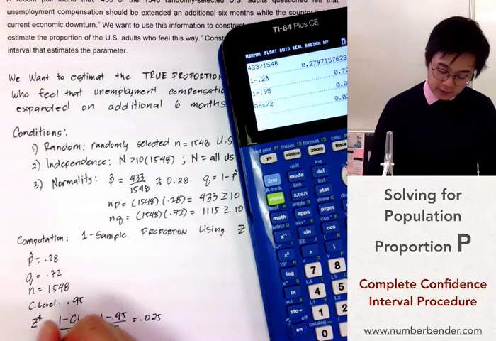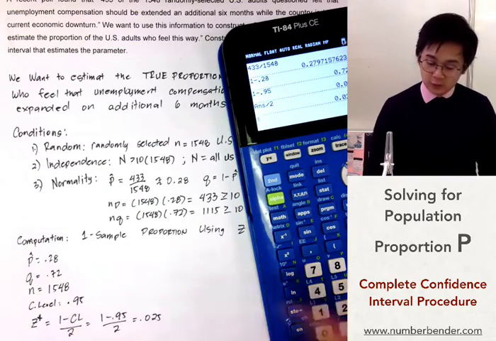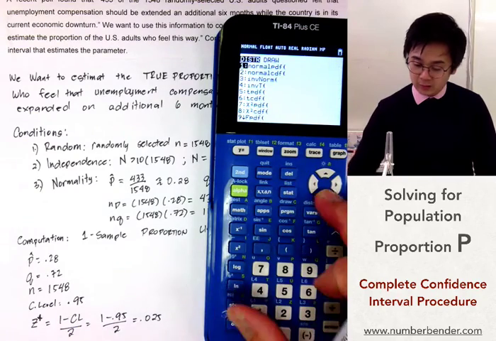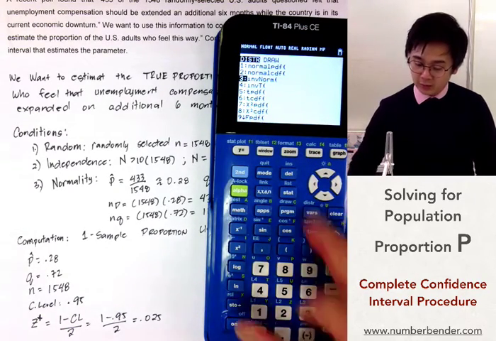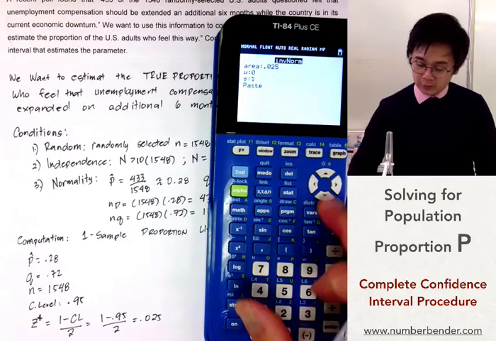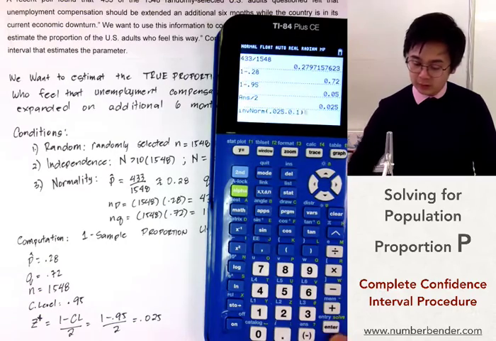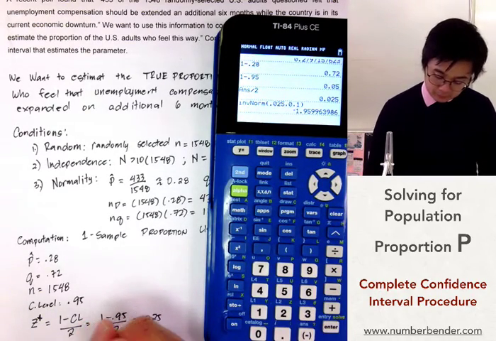To find our critical value at 0.025, we use inverse normal: second function, vars, inverse normal, which is number 3 under distribution, 0.025, which gives 1.96.